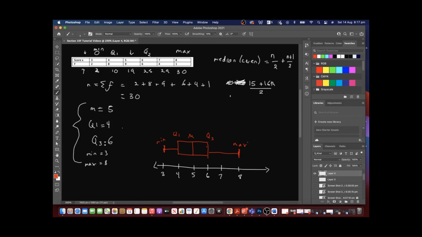And just know that the first step is to sum up all the frequencies and work out what your number of data points is, and then work from there to find the median, and work from there to find the quartiles. And then the minimum and the maximum values are very simple. These are easier questions than a data set that's listed, purely because you don't have to reorder the information. It's all done for you.